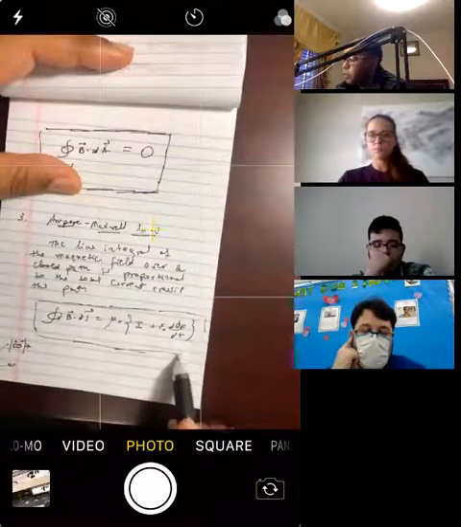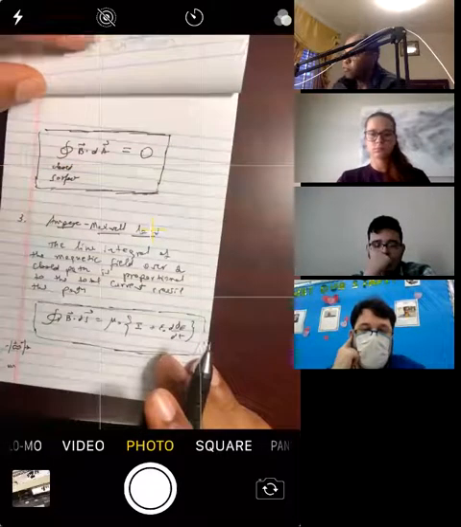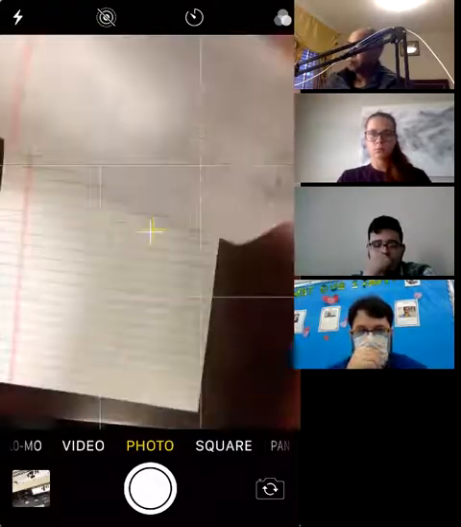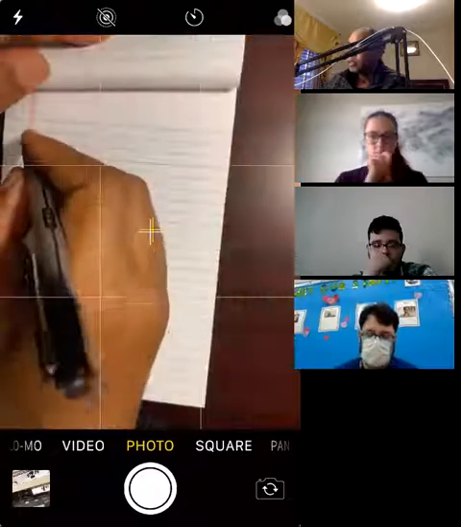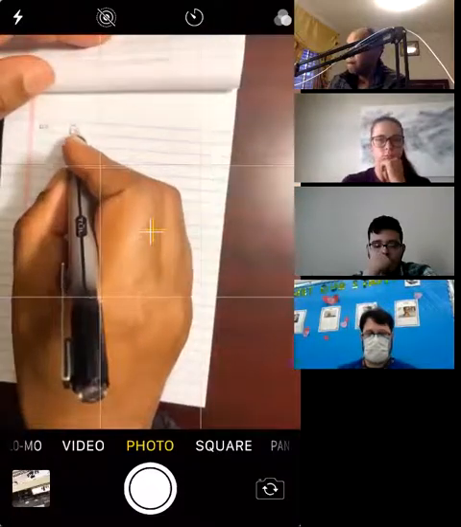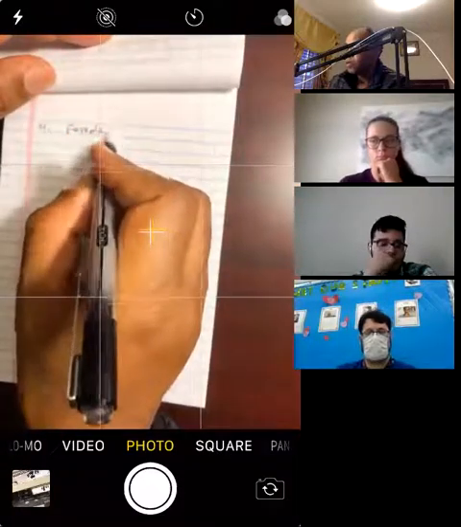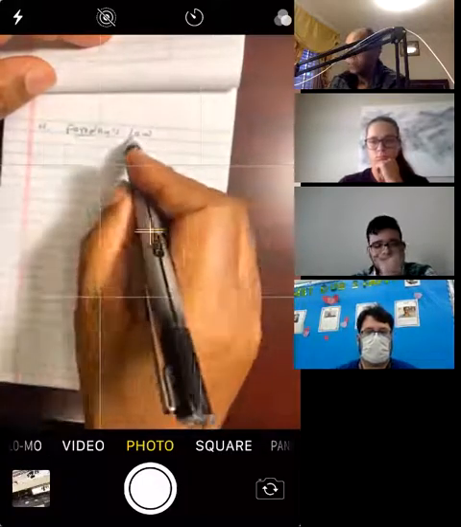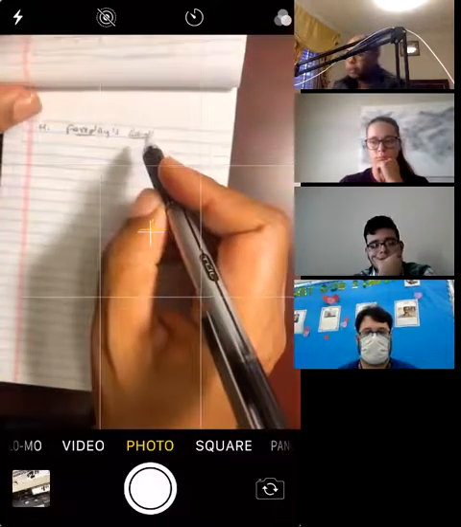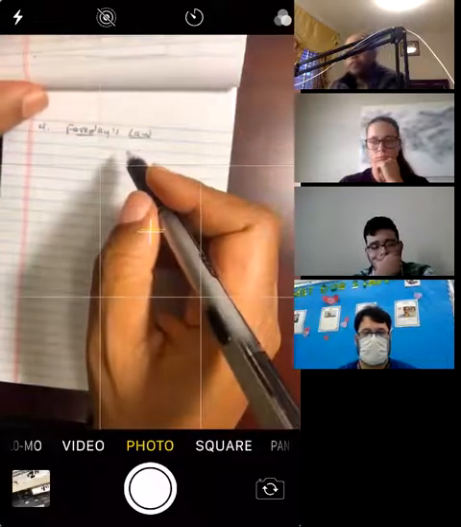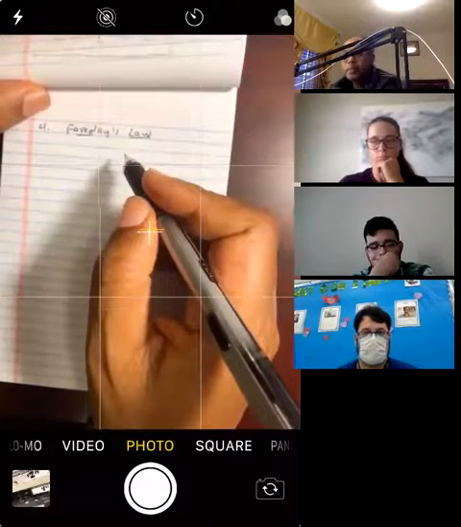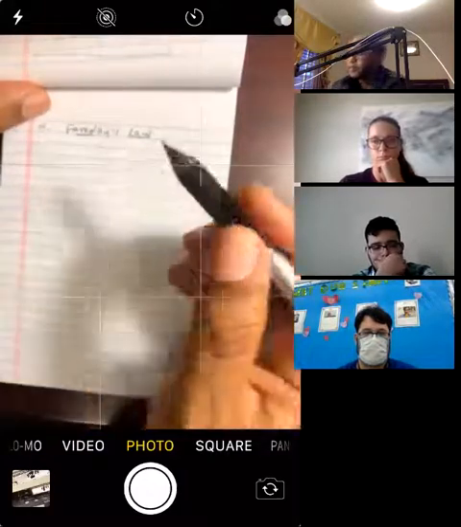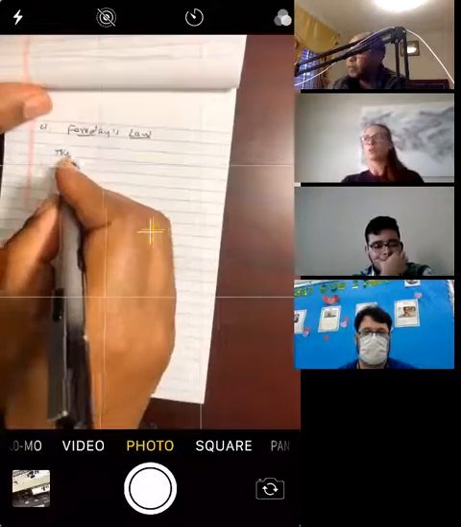And then the fourth one is what we learned today, Faraday's law. So let's take Faraday's law, number 4. This says the line integral of the electric field on any closed path is proportional to the negative rate of change of magnetic flux.